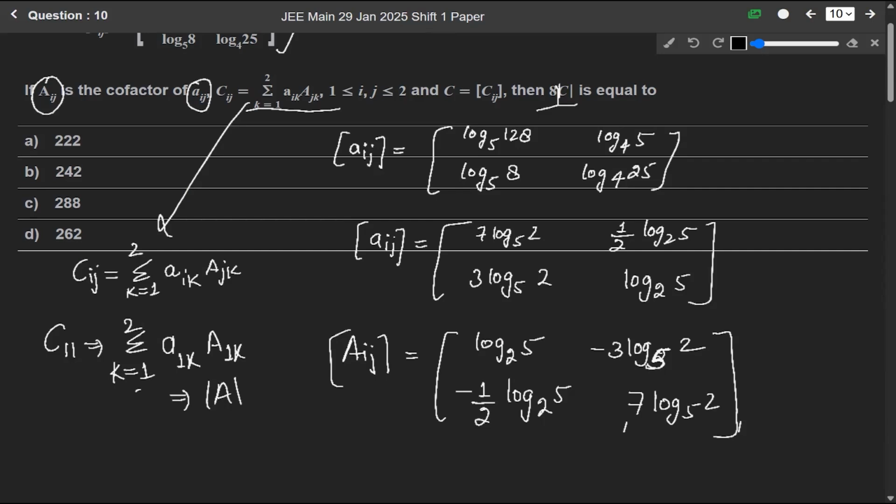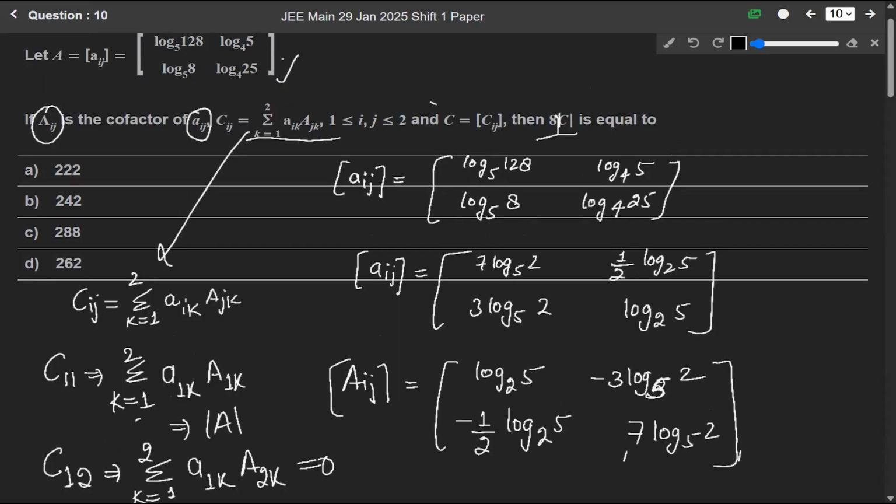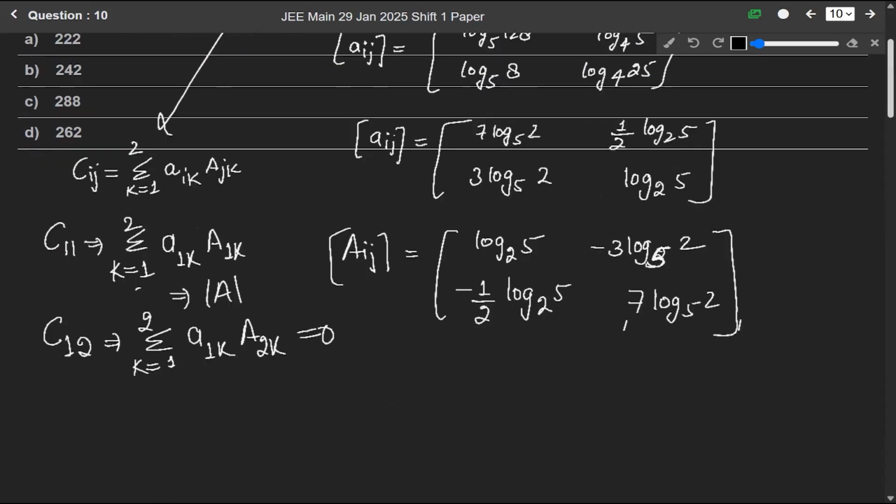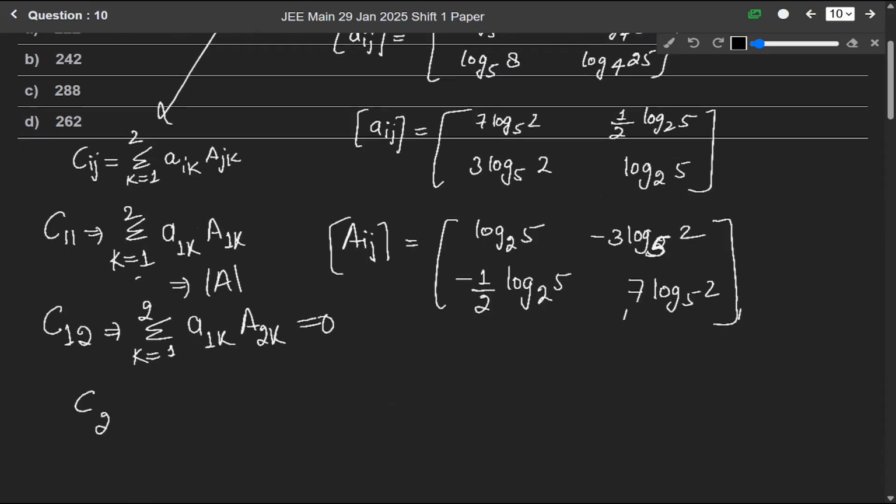When we write C12, it will be sigma of A1k and A2k, and this will be 0 according to these conditions. Again C21 is sigma of A2k and A1k, which is again 0. And similarly C22 will be equal to modulus of A.